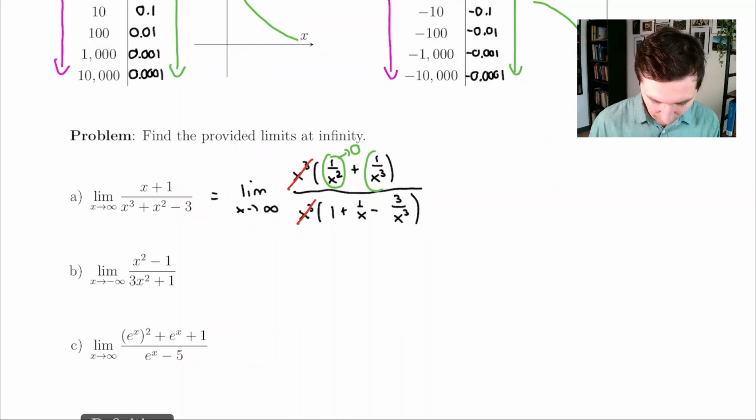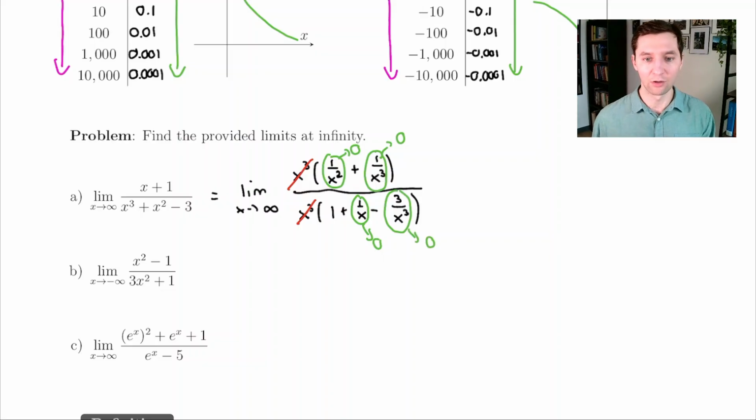The same thing with 1 over x to the third power, the same thing with 1 over x in the denominator, and the same thing with 3 divided by x to the third power. All these terms go toward 0, which means that the numerator now gets closer and closer to 0. The denominator now gets closer and closer to 1 plus 0 minus 0, which is 1. So this is of the form 0 divided by 1, which is 0.